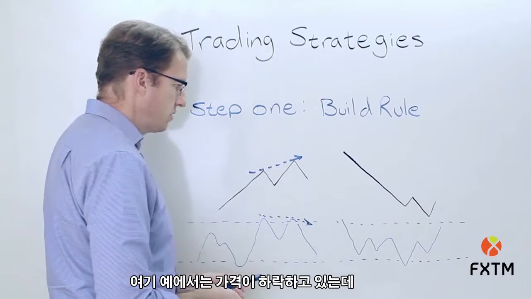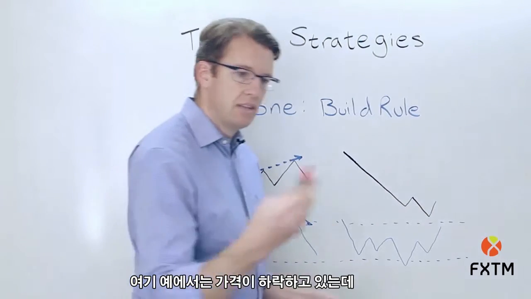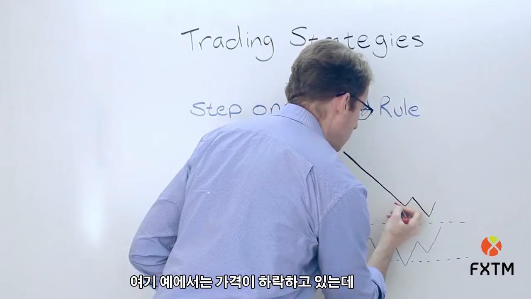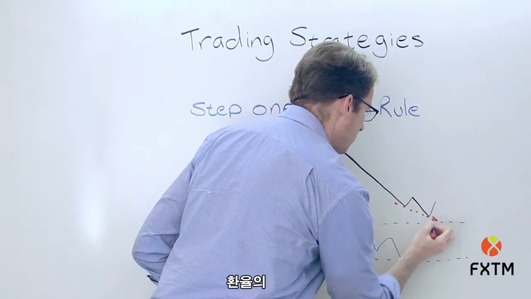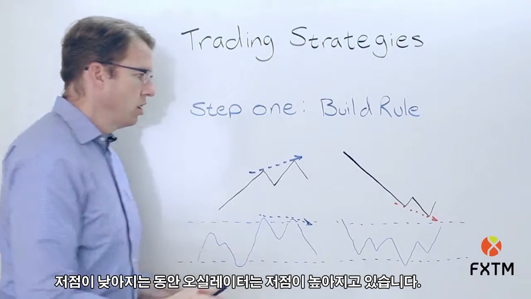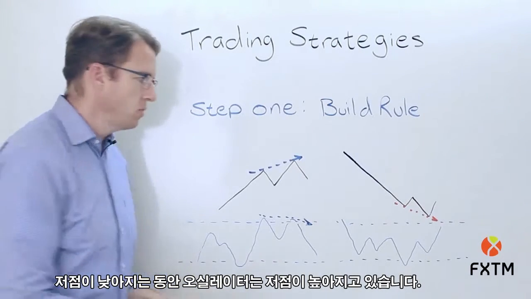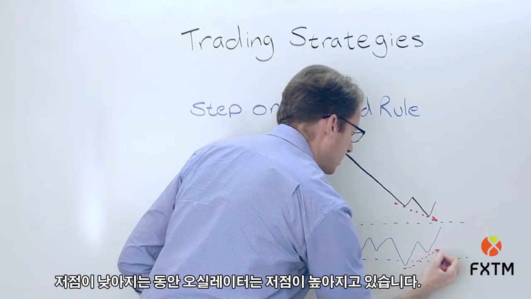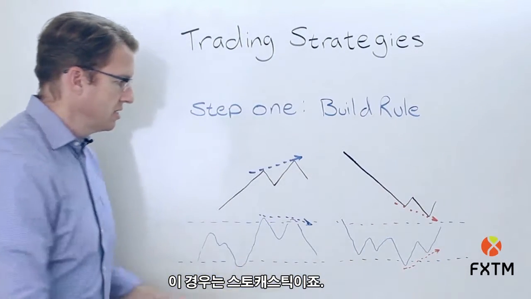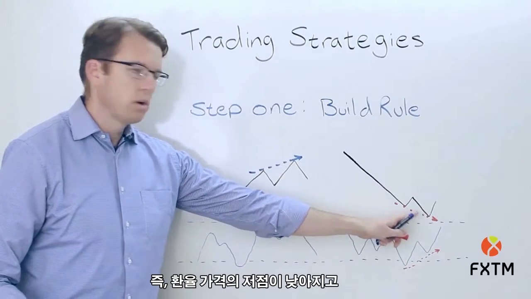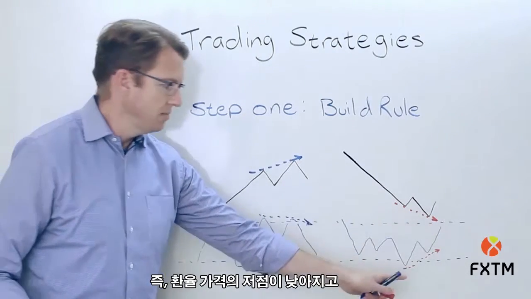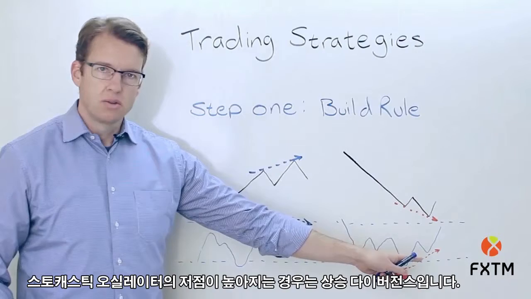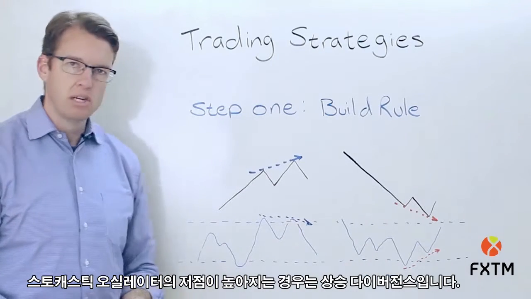Imagine here, for example, that we have a price that has been declining in value, the exchange rate, and it's been forming lower lows, while at the same time we actually have higher lows on the oscillator, in this case the stochastics. So if we get lower lows on the price of the exchange rate and higher lows on the stochastics oscillator, well, that's a bullish divergence.